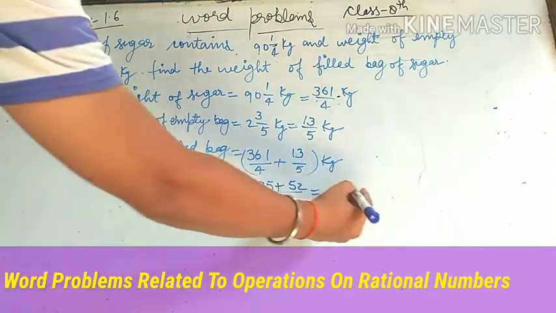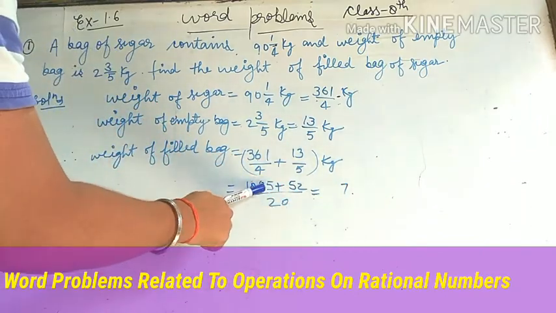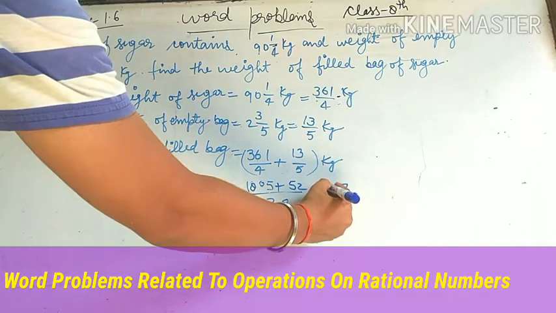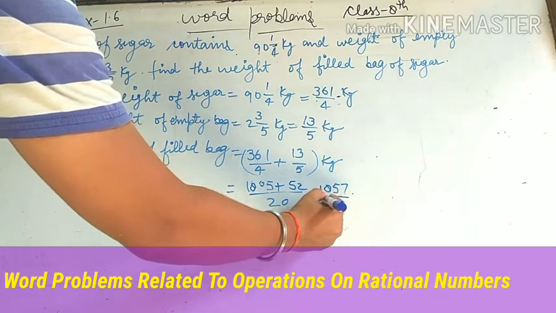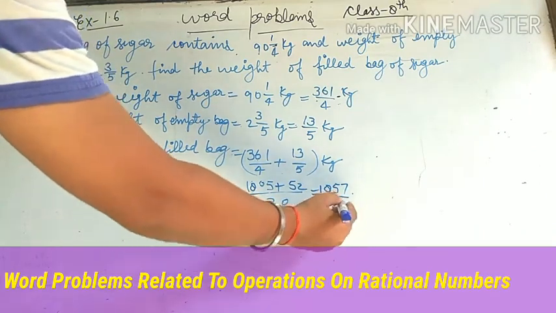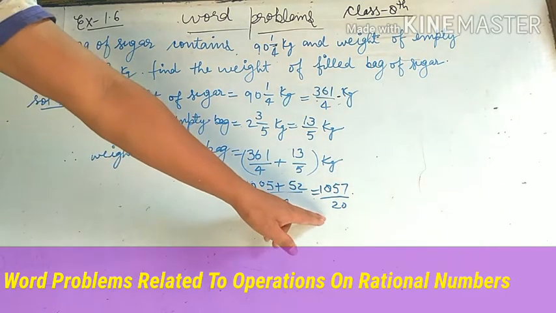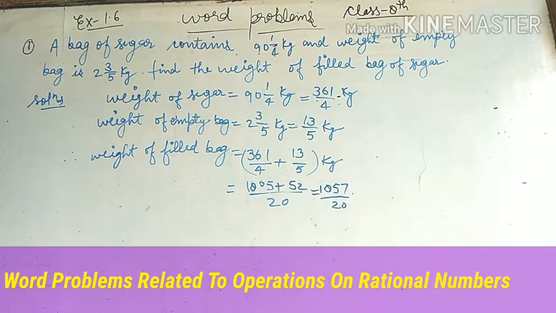So we will add them. 5 and 2 is 7, 0 and 5, 5, 8 and 1, divided by 20. So simply we will divide 1857 by 20. You have to do this roughly.